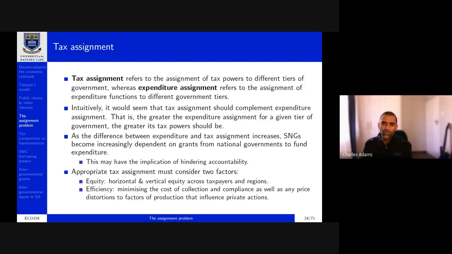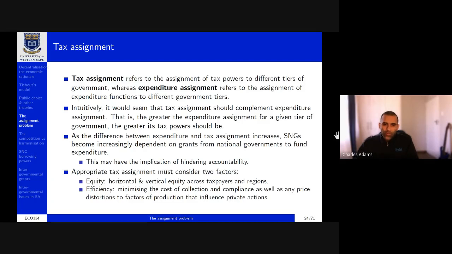And we mentioned this earlier, where I said that citizens may be paying taxes to the national government, but the goods and services they receive may be provided at the local or provincial level. So there's this break between where the taxes go and how the goods and services are provided to citizens. And this does break this link between expenditure and tax, and therefore also hinders this accountability mechanism of being closer to the people, right?